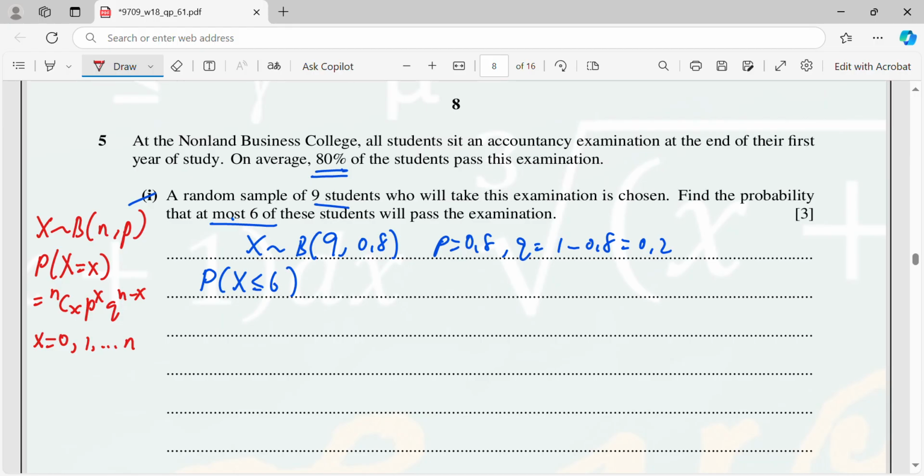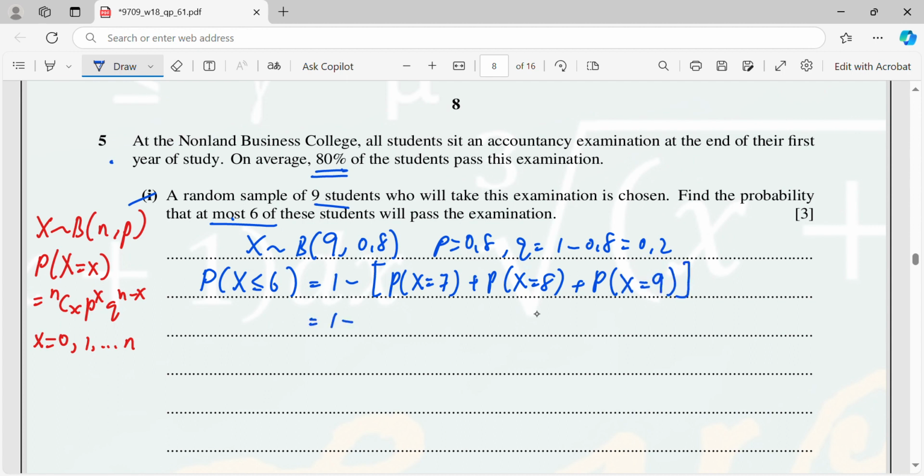Therefore, I will use the complementation rule, that is 1 minus the rest. So the rest will be 7, 8, and 9. So my calculation is 1 minus [P(X=7) plus P(X=8) plus P(X=9)].